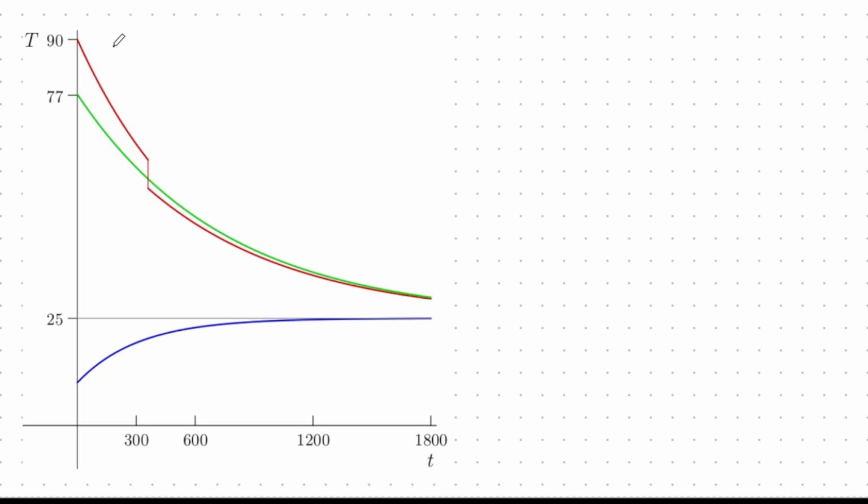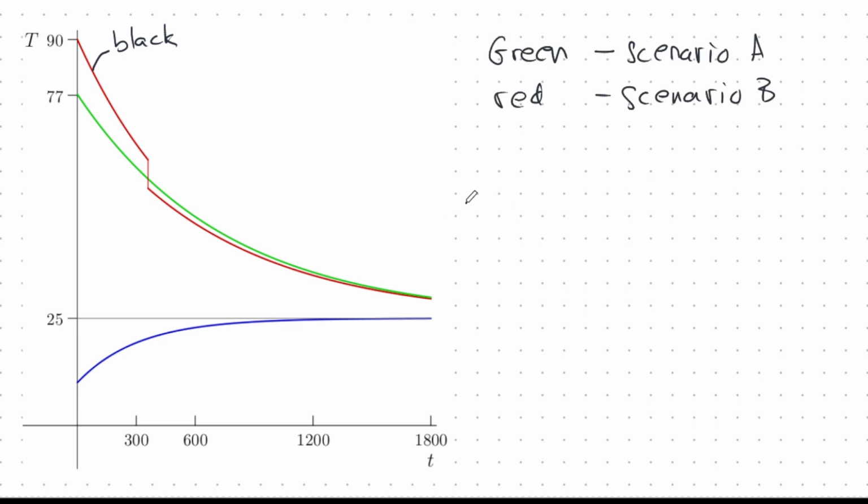There it is. Let's have a look. For this section here, this is the same as black coffee. This curve, the red curve, is scenario B. So green, let's write that down here. Green is scenario A. That begins at 77 and continues. So that's A. Scenario B is this red curve.